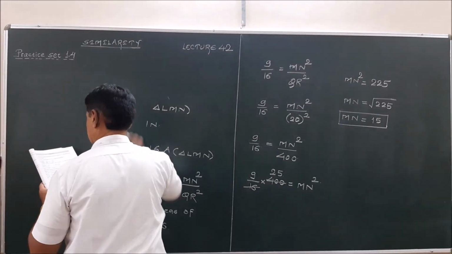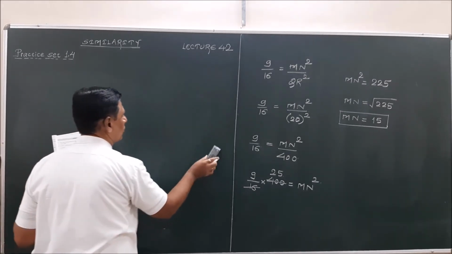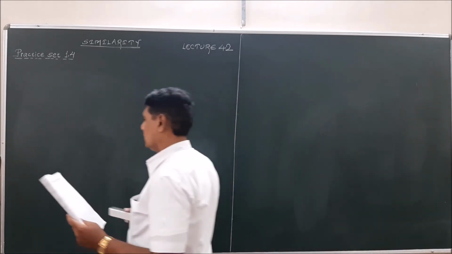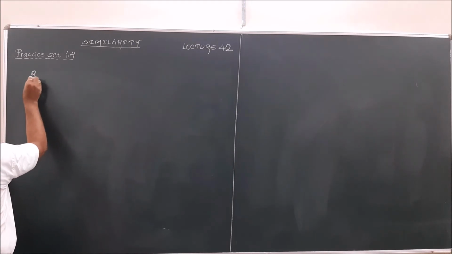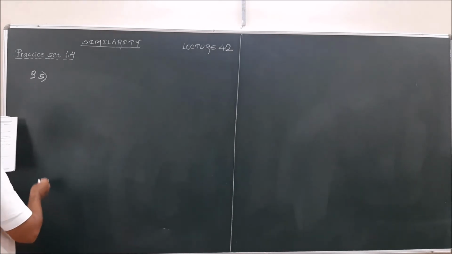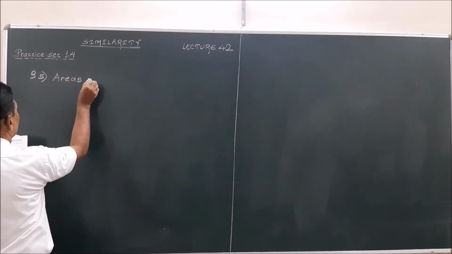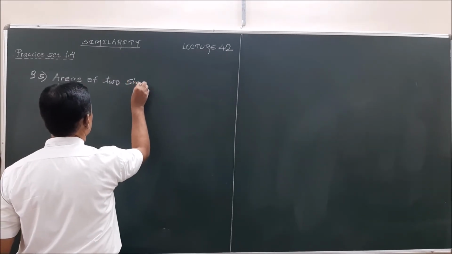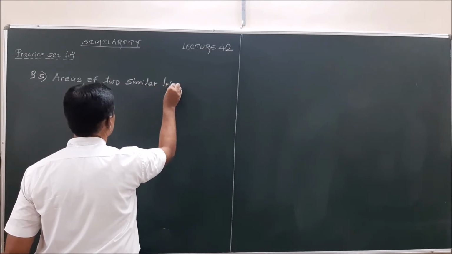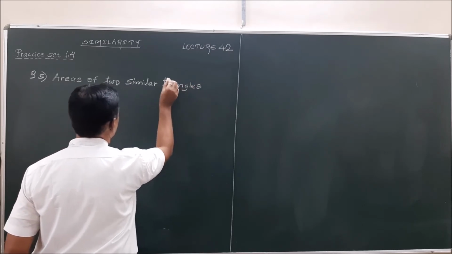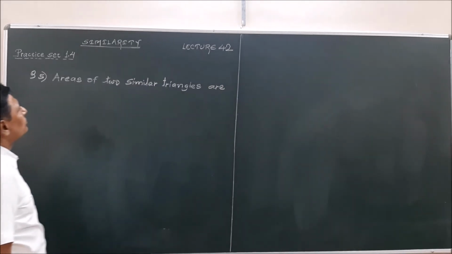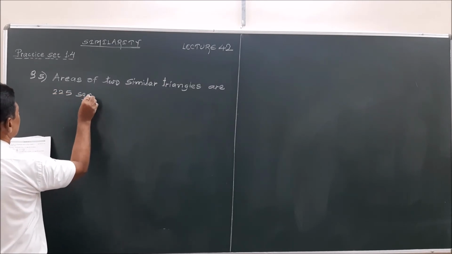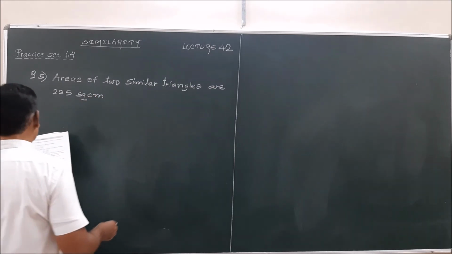Now question number 5. In question number 5, areas of two similar triangles are 225 square centimeter and 81 square centimeter.